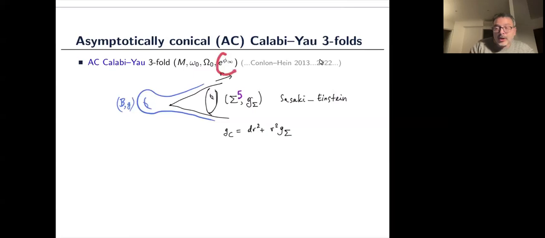In that case, the dilaton e to the phi is just a constant, and then my SU(3) structure is just Calabi-Yau. We need to look at non-compact solutions, and a very large and completely understood class of complete non-compact Calabi-Yau threefolds is the one of asymptotically conical Calabi-Yau threefolds.